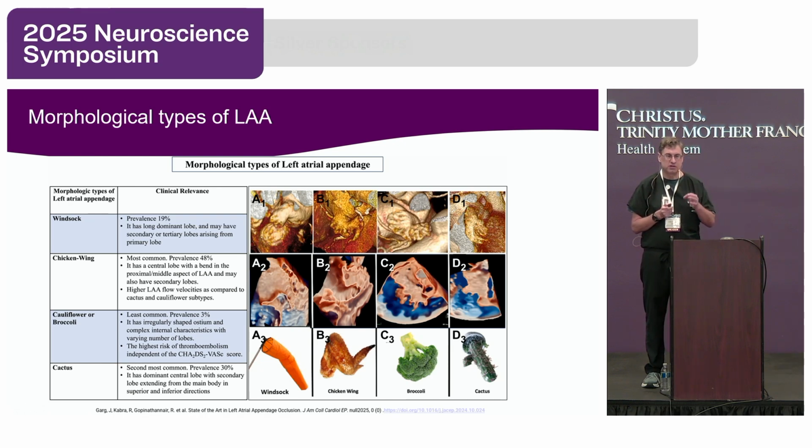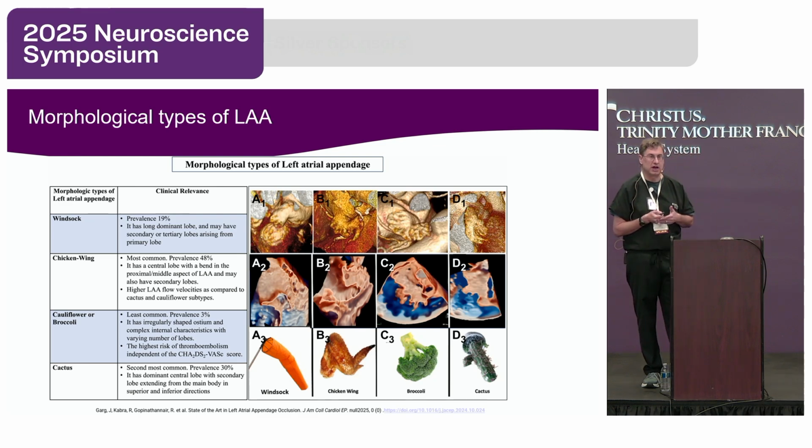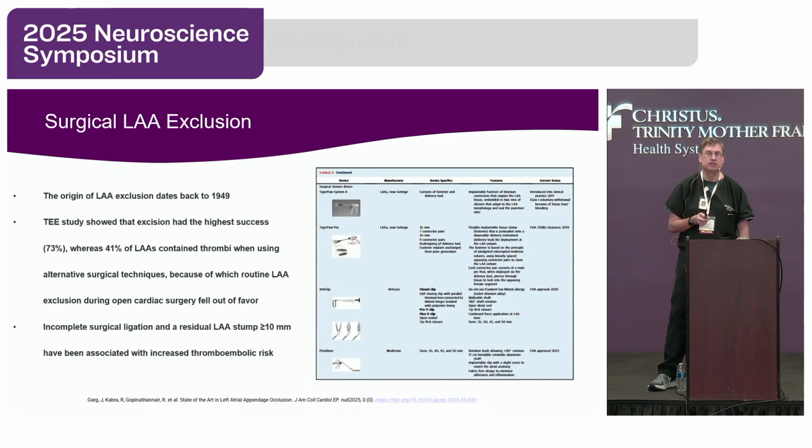The orifice of the appendage can be an oval, it can be teardrop, and if you're trying to put a structure in there to close it, completely seal it, you can imagine that there can be challenges completely obliterating that space. So this is what we're up against when we're trying to close the appendage with a Watchman or Amulet device.